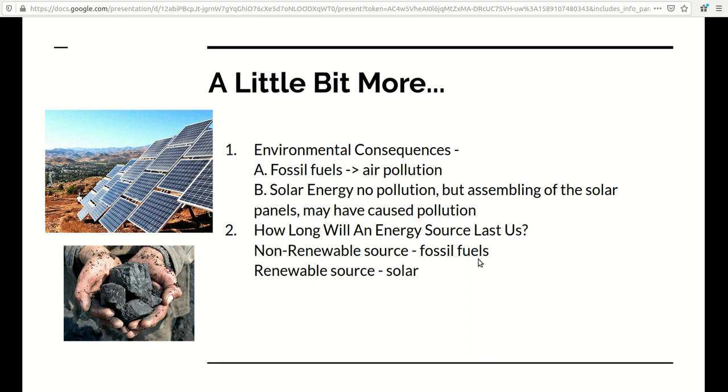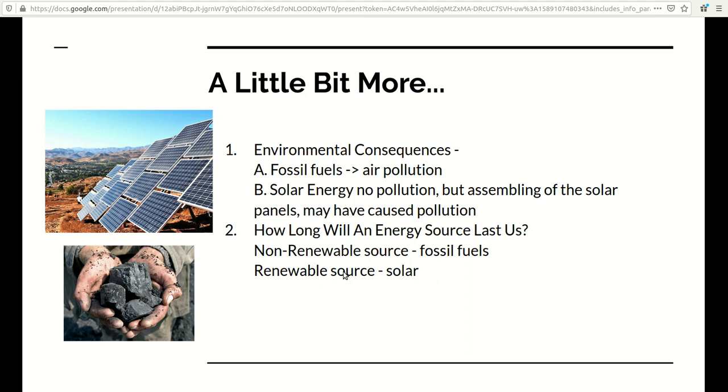Billions of years ago, not that many living organisms lived. We are almost running out of fossil fuels. In another 200 years, we will not have any more fossil fuels left. Then how will we live? So fossil fuels are a non-renewable source of energy. Whereas, what is a renewable source of energy? No matter how much we use it, we will not run out of the source of energy, which is something like solar.